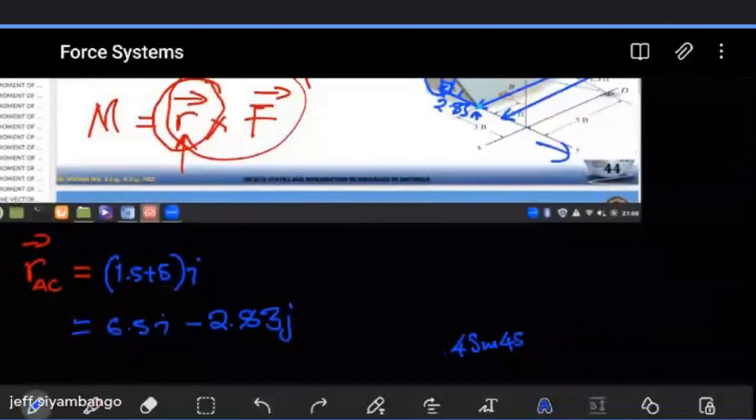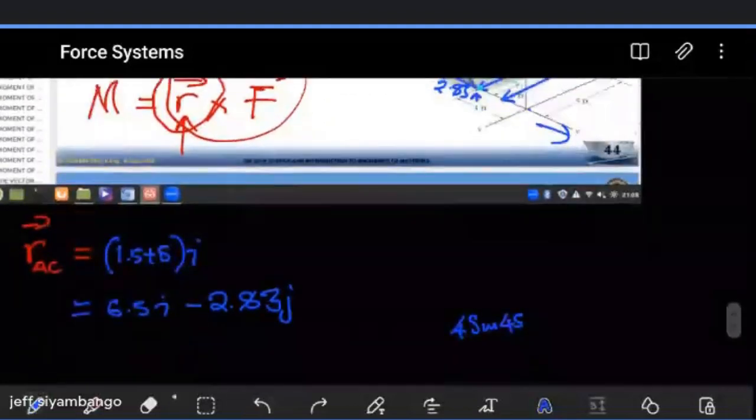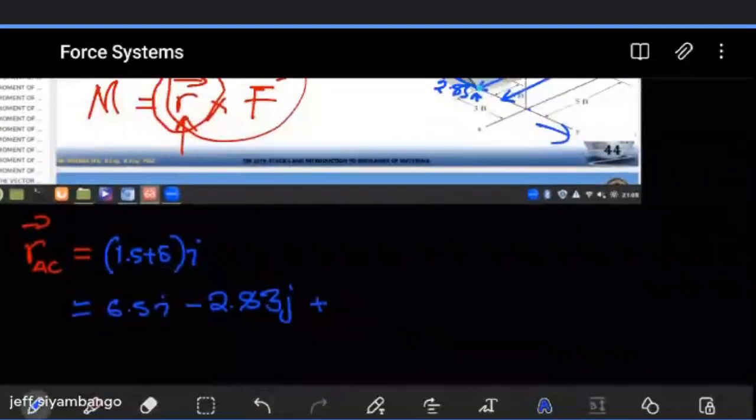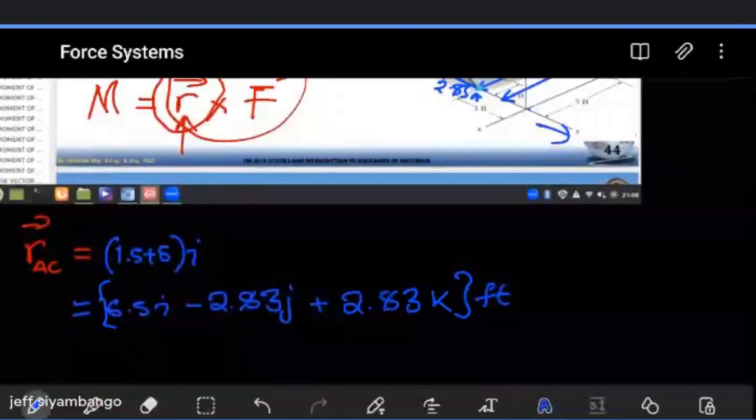I expect 4 sine 45 to be the same as 4 cos 45, so it's also going to be 2.83. But since it's pointing up in the positive z, this time it will be plus 2.83 in the k direction. Of course, these displacements were given in feet, so you can just put feet here.